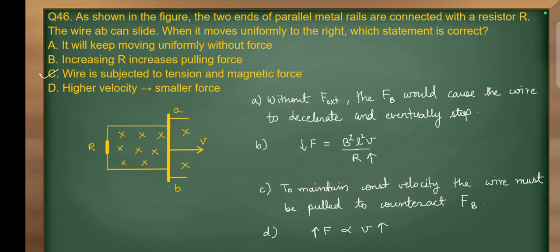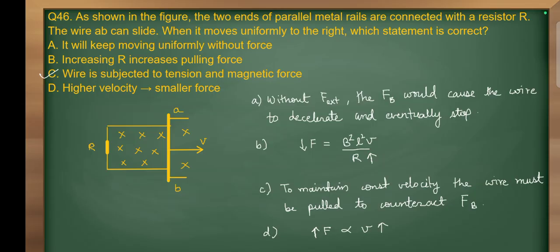And next is, increasing R increases pulling force. We know that force is equal to B square L square V divided by R. If we increase the R, that is resistance, the force will decrease. So option B is wrong. The wire is subjected to tension and magnetic force.